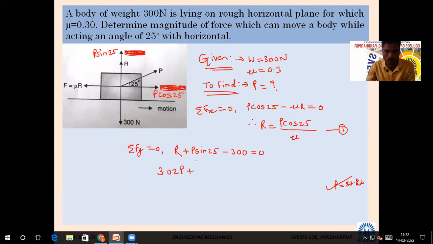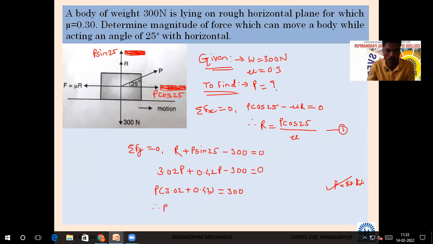P plus what is the value of this? P sin 25. What is the value of sin 25? 0.42. P minus 300 equal to 0. So P will be common, into bracket 3.02 plus 0.42, into bracket equal to 300.